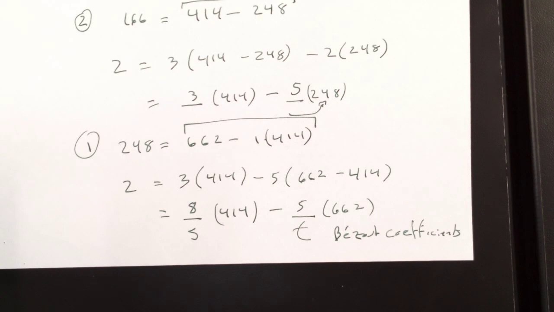And really, I consider one of these a modulus. I'm not just using 414 and 662. I'm doing my encryption mod 662 with a power of 414, which means I'm using that modular exponentiation algorithm we went through.